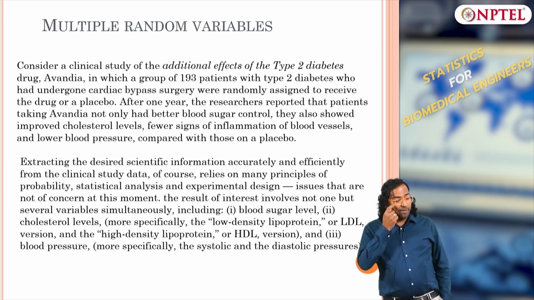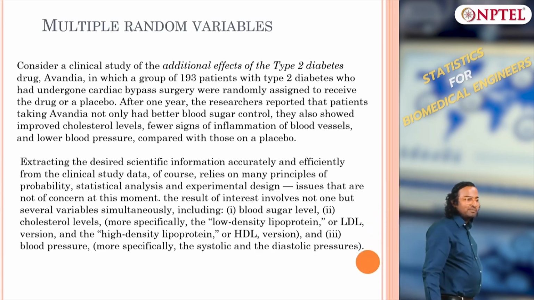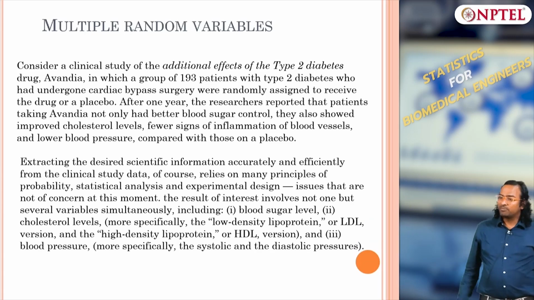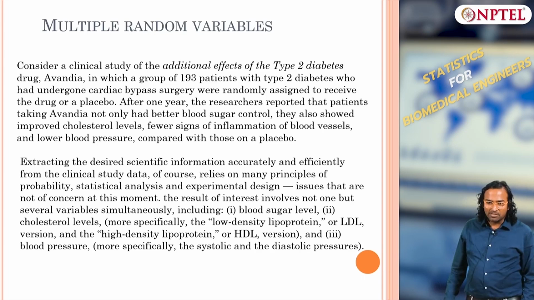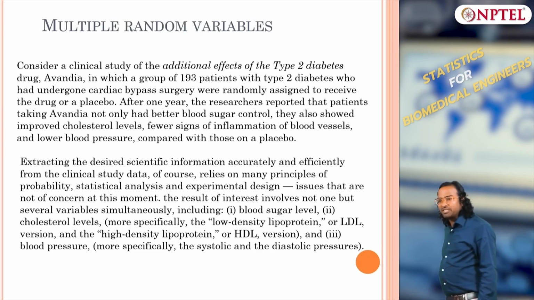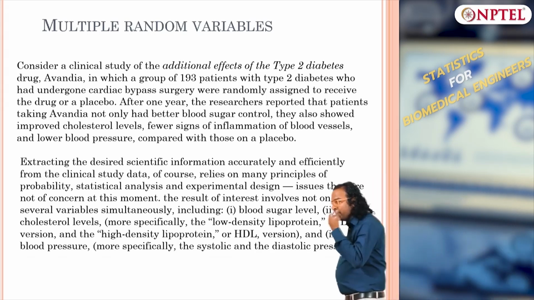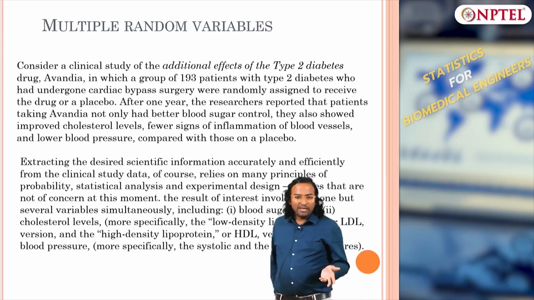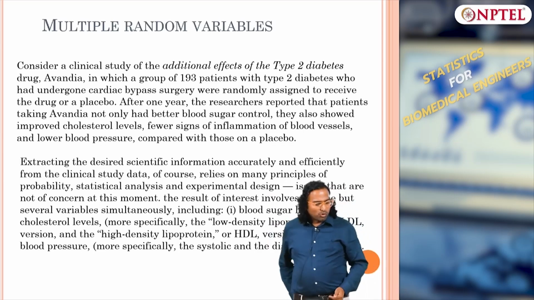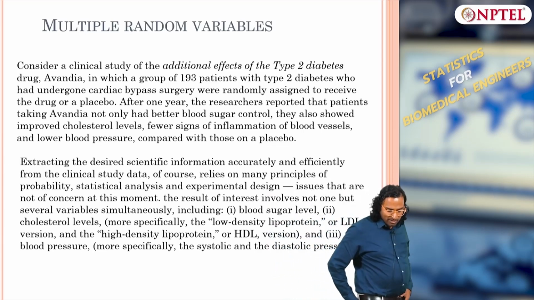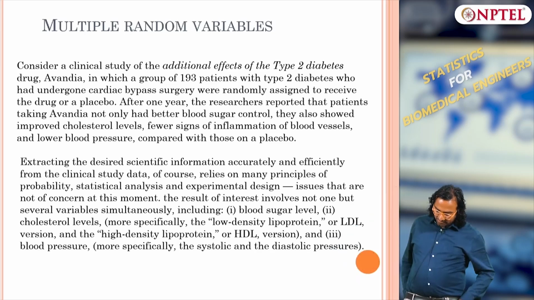So your diabetes for instance, or your blood pressure, is influenced by what? Too many factors, multiple important random variables. So if you want to study blood pressure, you need to know the relationship between blood pressure and various important variables. Like, let us say you are talking about sugar control in diabetes, what all could influence it.